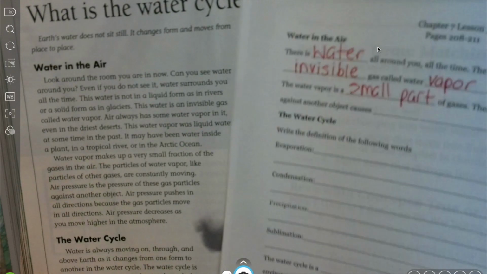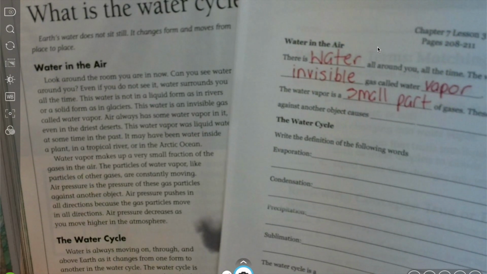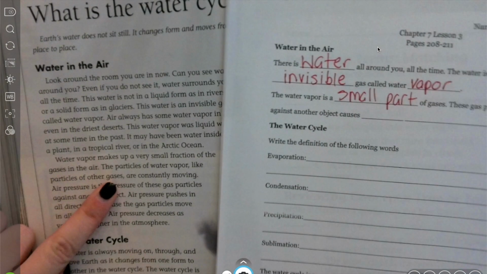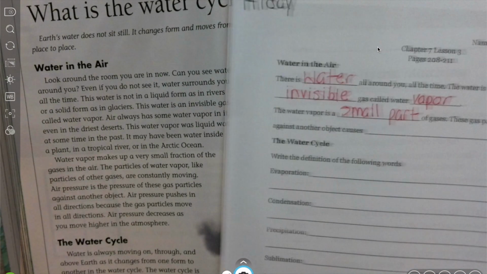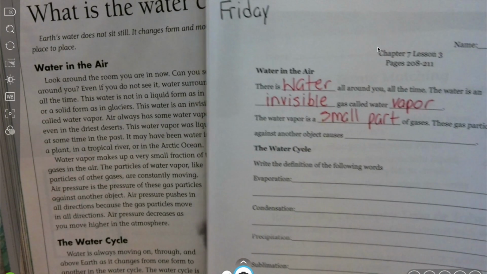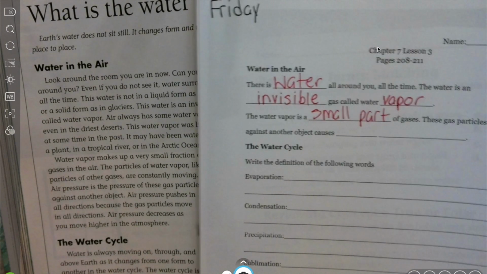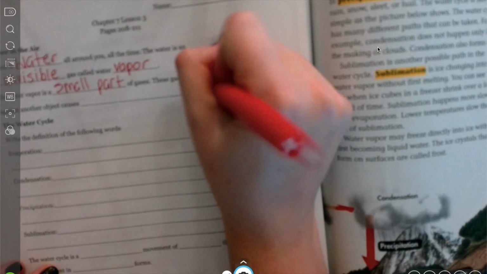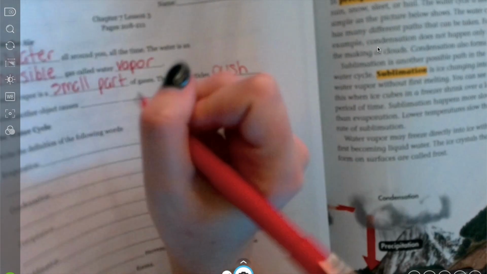So these gases put pressure. So right in here, the particles of water vapor, like other gases, are constantly moving, and when they have pressure and push, they cause air pressure. So the gas particles push against another object, causing air pressure.